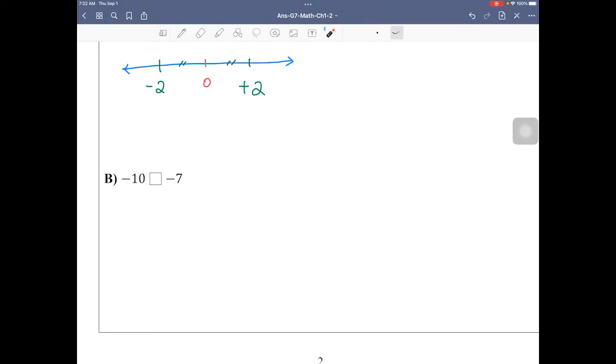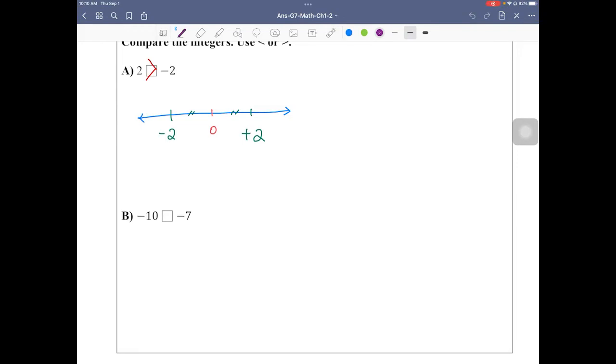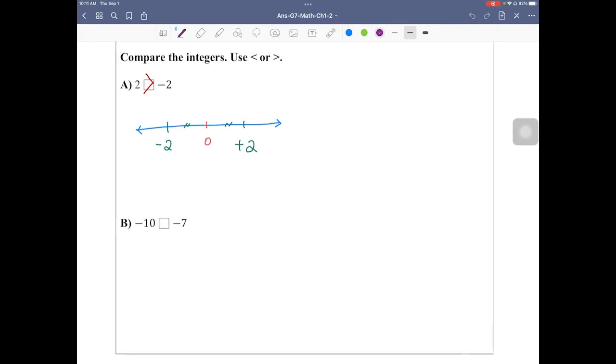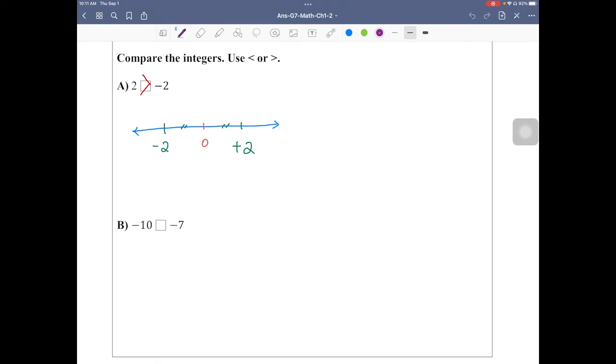Now I have question B. For question B, I have -10 and -7. On a number line, I have 0 here, and -7 will be closer, because negative means we miss or lose something.